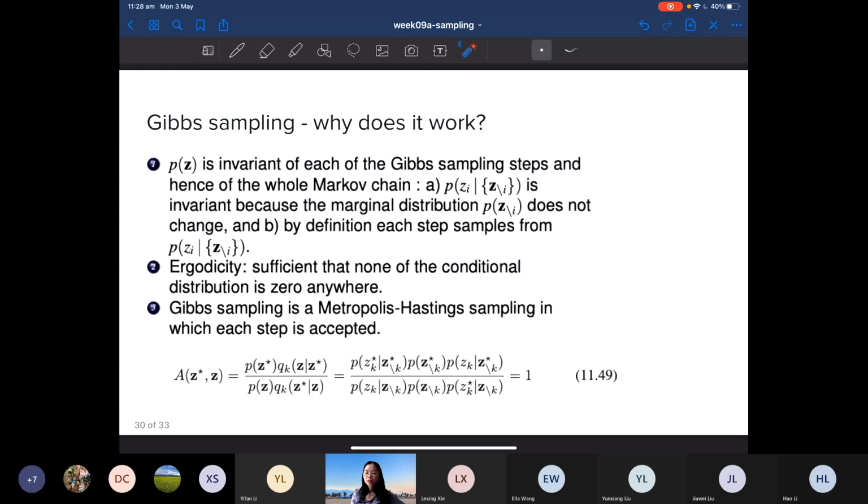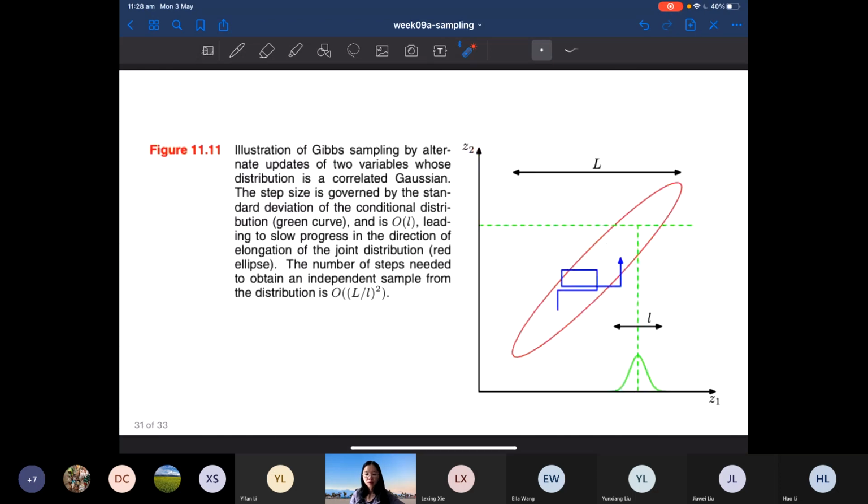Note here, we're moving very slowly, right? In the high dimensions, we're only moving to the next point in one of the dimensions. Here is a geometric illustration of what Gibbs sampling does. If we're sampling in 2D, we do coordinate-wise moving, and we always accept the next sample. Starting from here, we first have a different Z2, and then a different Z1, and we basically alternate moves horizontally and vertically.